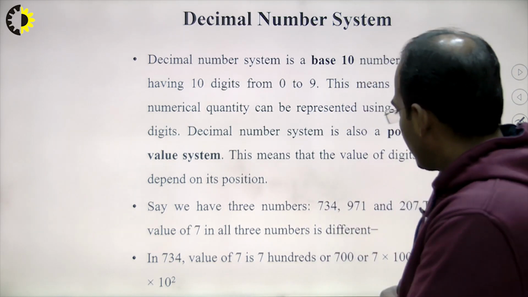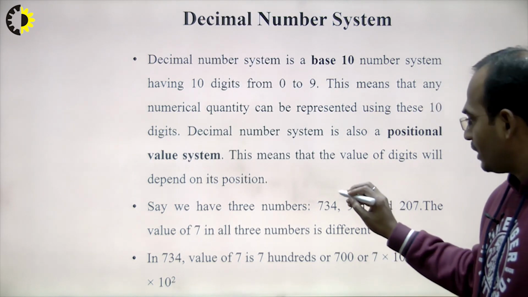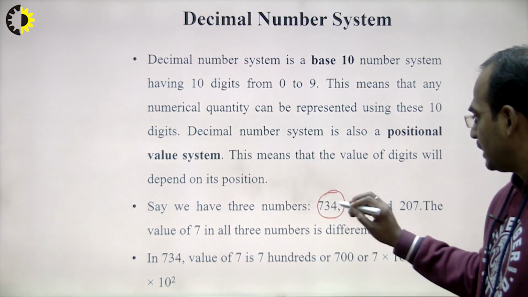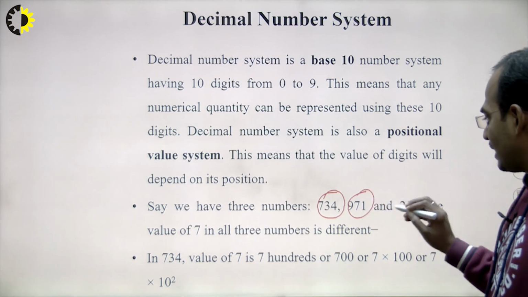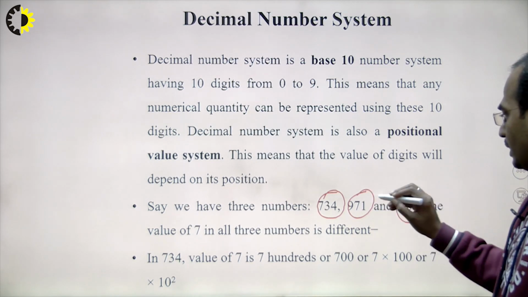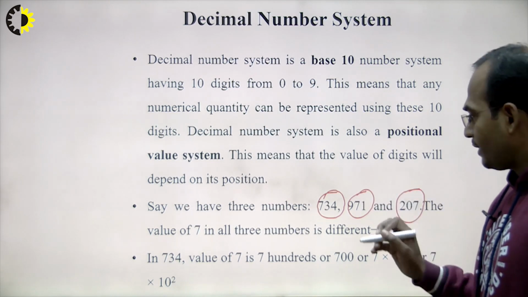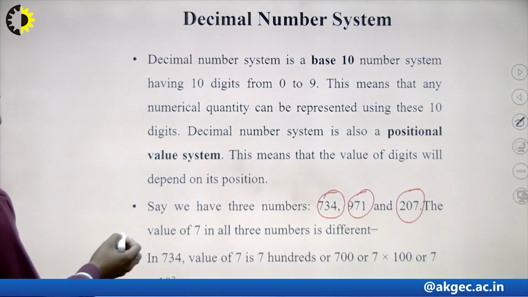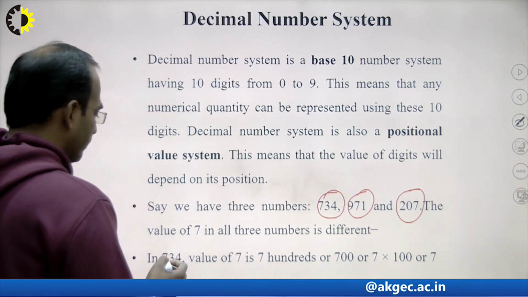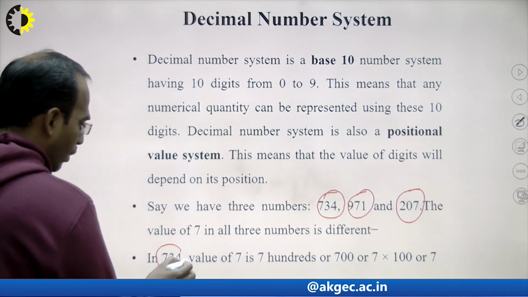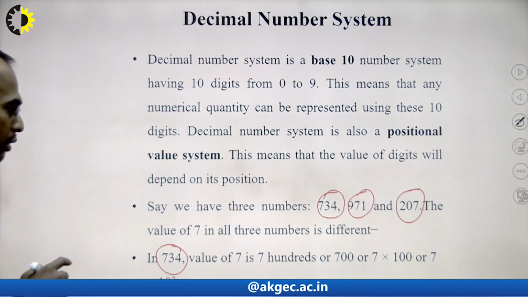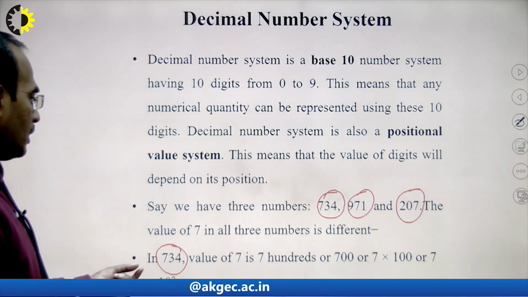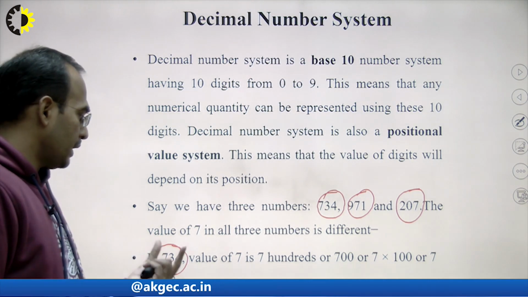Suppose I have taken here 3 examples that will give the information of the weight of the 7 in these numbers. If I see the number 734, what is the value of this 7 in this number?